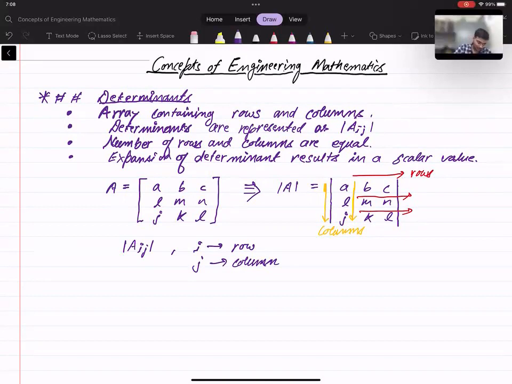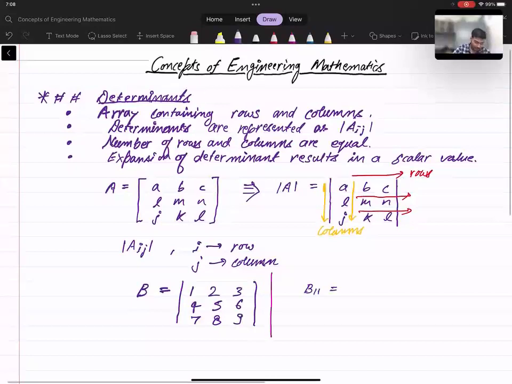For example, say we have a determinant B as 1, 2, 3, 4, 5, 6, 7, 8, 9. If we want to know what B11 is, then the first 1 represents the row and the second one represents the column.